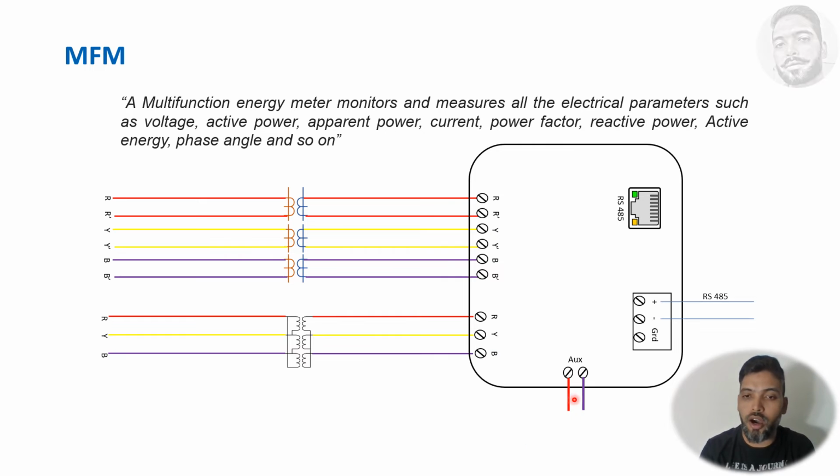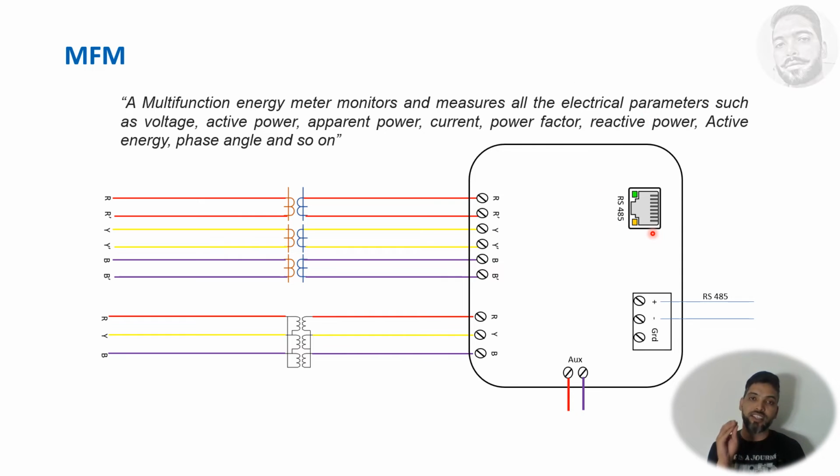You have an auxiliary supply here. You have R, Y and B for CT, and R, Y, B for PT. This much signal is the maximum input required for a multifunctioning meter.